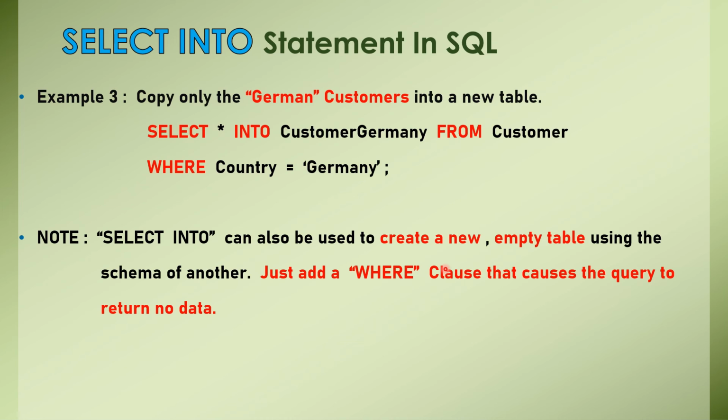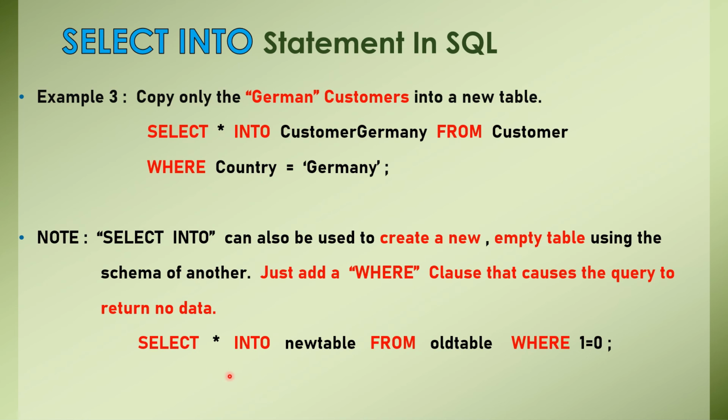Then no data will flow from your old table to the new table. So how can you do that? Select star into your new table from old table where 1 equals 0. This condition is always false, so no data will flow from old table to new table, but your new table will be created and it will be empty, and the schema for this new table will be exactly the same as the old table. So in this way, select into statement can be used very efficiently.